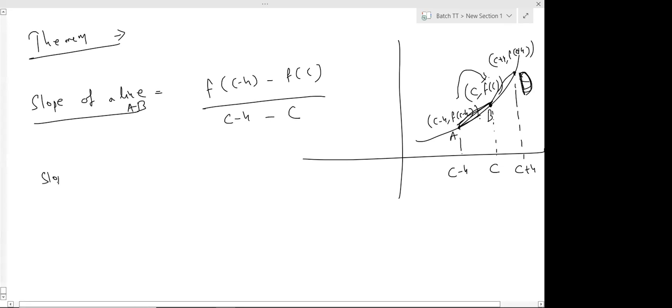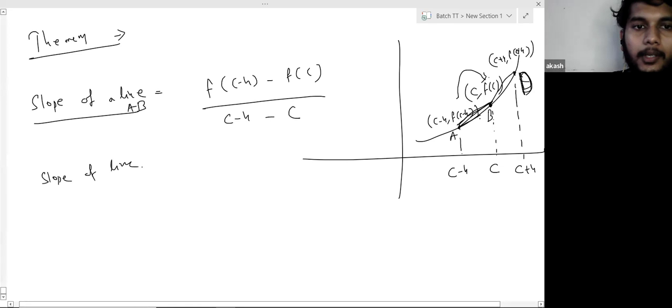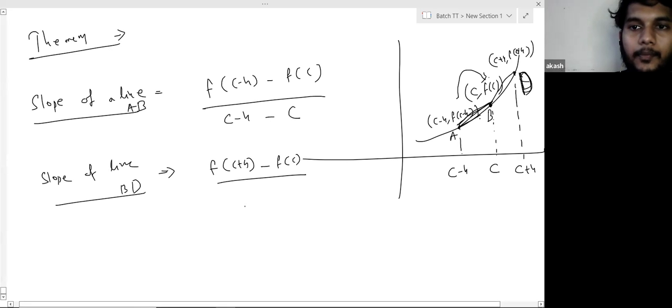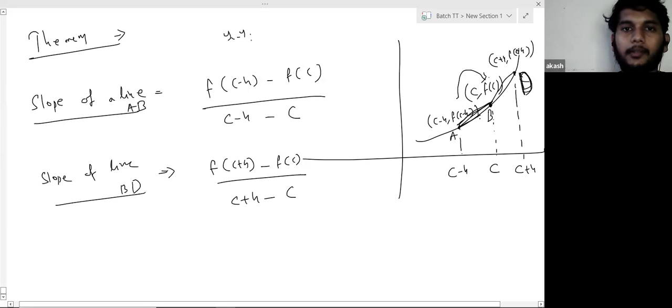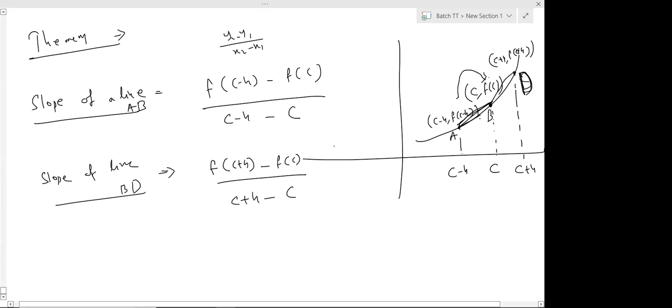Same way we can write the slope of line BD. We can write f of C plus H minus f of C, upon C plus H minus C. Yes or no? This is the slope formula, y2 minus y1 upon x2 minus x1. Kinza, Aman, Sahel, this is clear? Yes, sir.